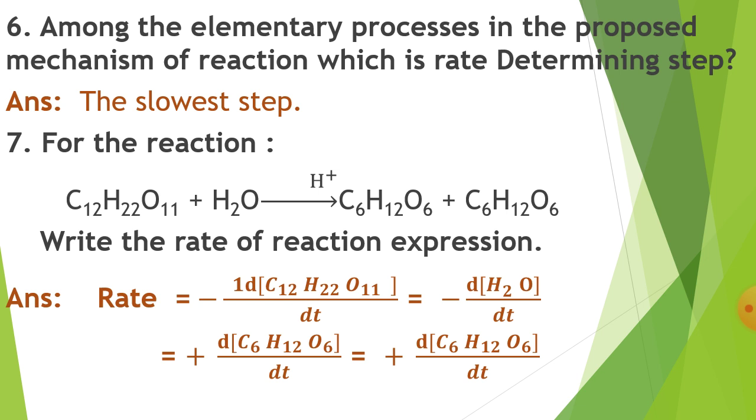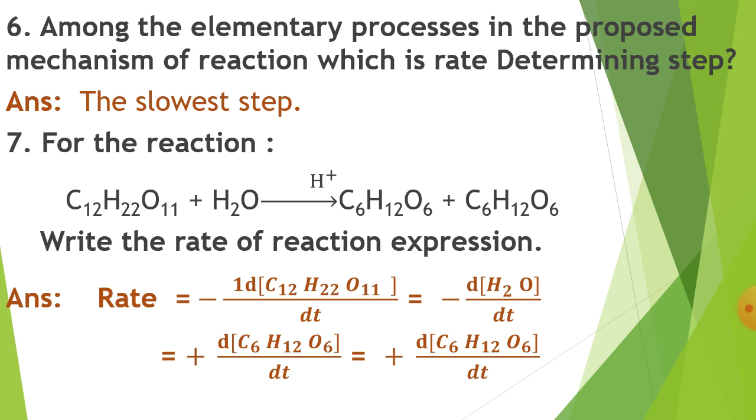So here you can write like this, 1 by 1: either write minus d[C12H22O11] divided by dt equal to minus d[H2O] by dt. This negative sign indicates the decreasing concentration of reactant.